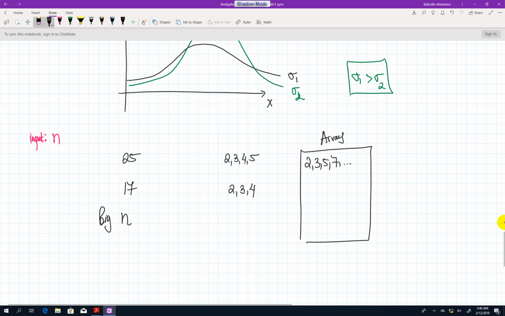And whenever you input n, instead of identifying whether it is prime or not, you can just search for this n in your array, which obviously requires less time. If you find this n, you say, okay, this is a prime. If you do not find this n inside your array, you say that this is not a prime, okay?